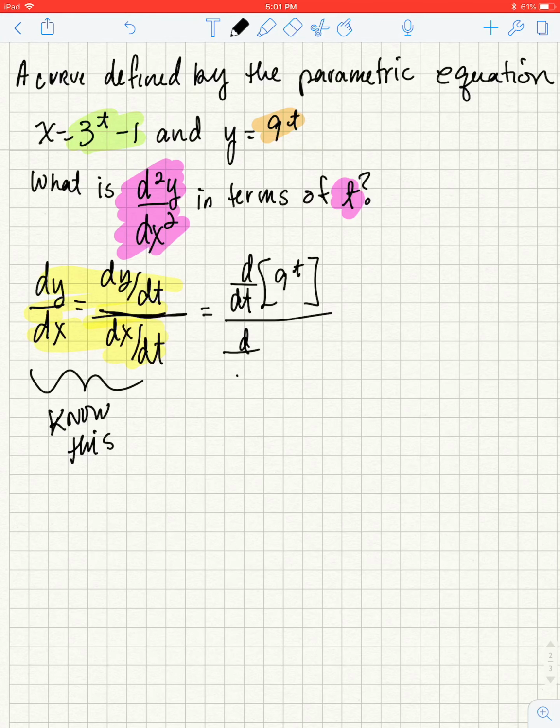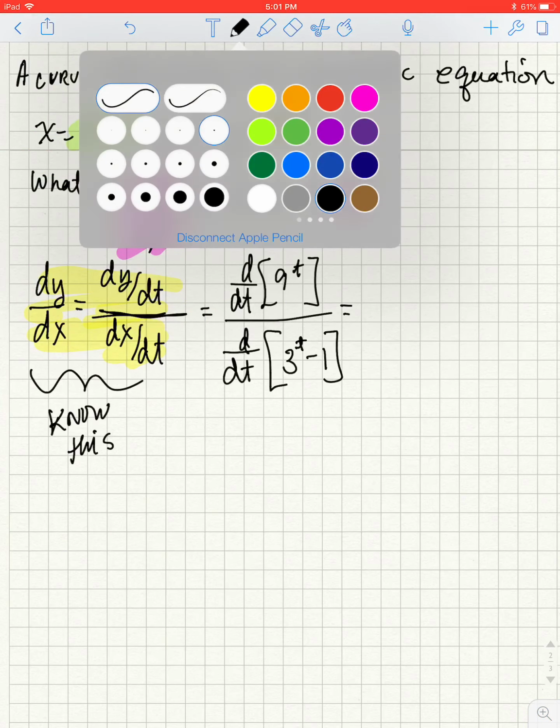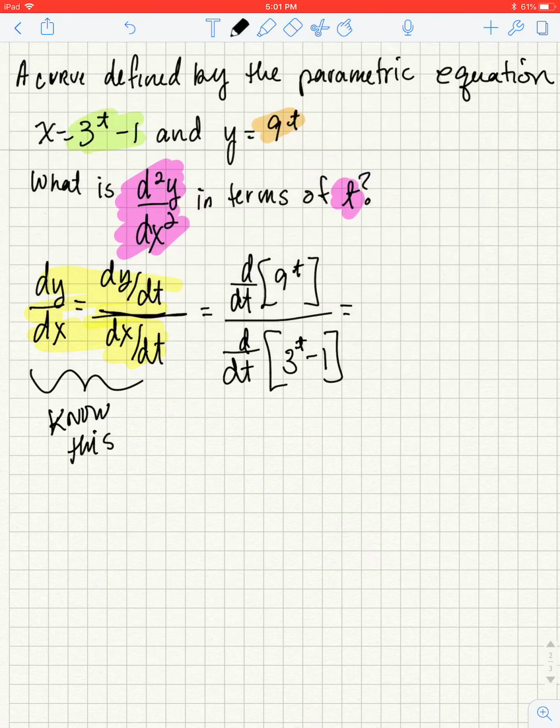So we'll have d/dt for the x function. And again, picking this was on purpose because you need to remember your exponential derivatives, which this would be 9 to the t ln 9. It's always whatever the base is, you keep the function the same, and then this is 3 to the t ln 3, and then we know the derivative of a constant is 1.